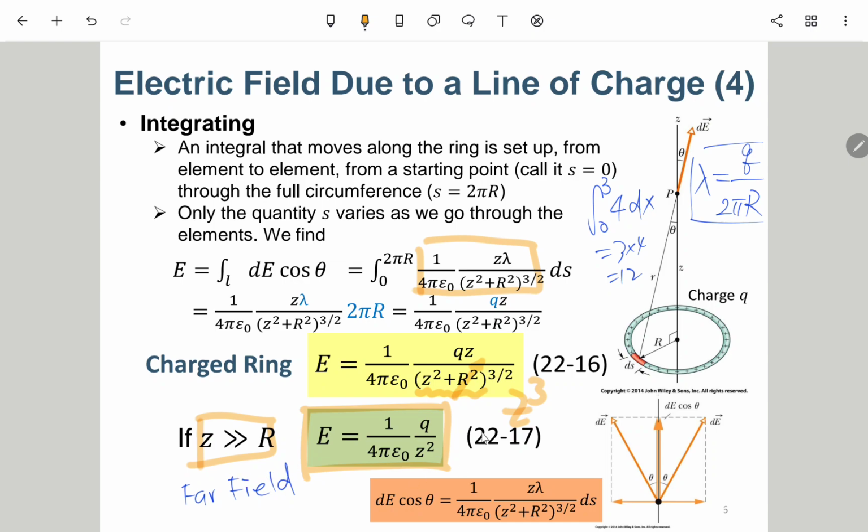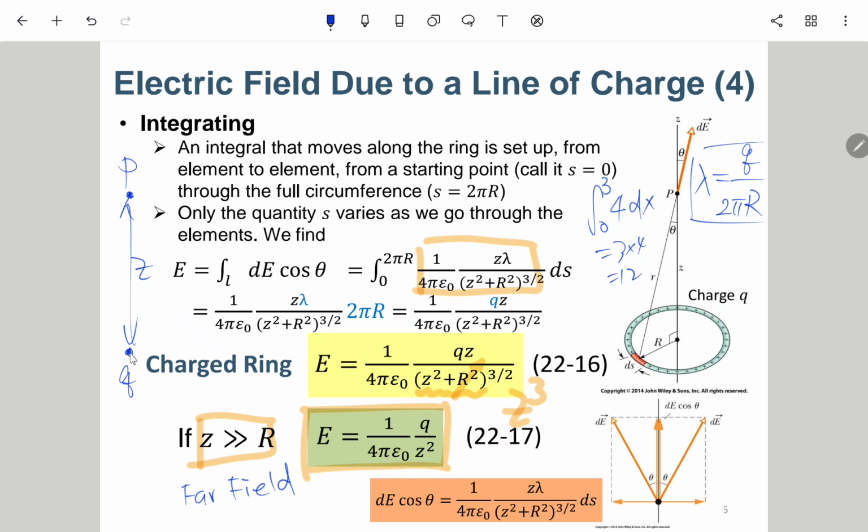The idea here is that if you consider a point P which is very, very far away, it is just equivalent to having all the charge concentrated at the center, with z being the distance.